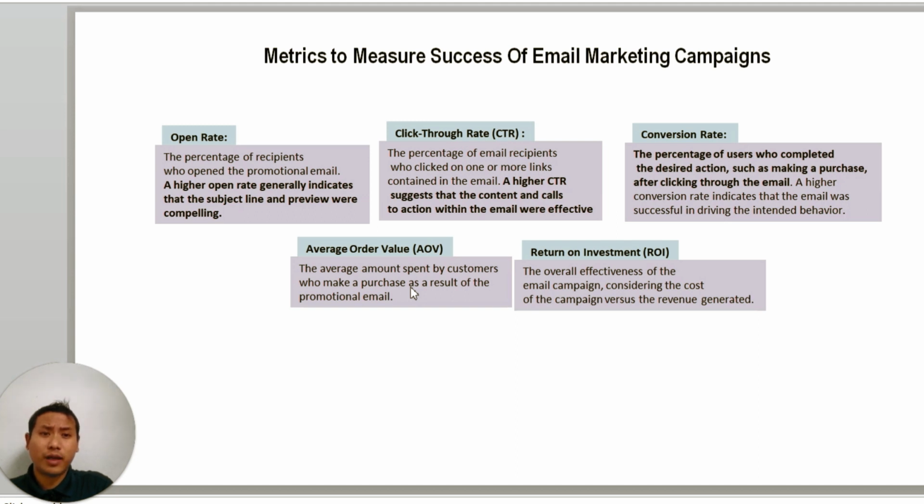A higher conversion rate indicates that the email was successful in driving the intended behavior. And the average order value is the average amount spent by the customer who makes a purchase as a result of the promotional email. Return on investment is the overall effectiveness of the email campaign, considering the cost of the campaign versus the revenue generated. So these are the 5 things which we have to really focus on.